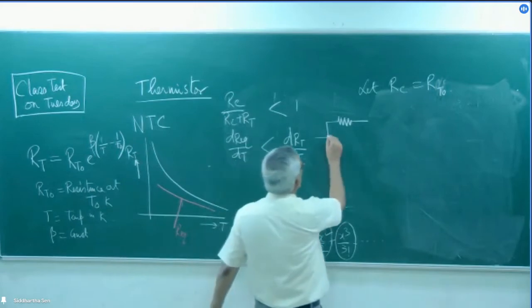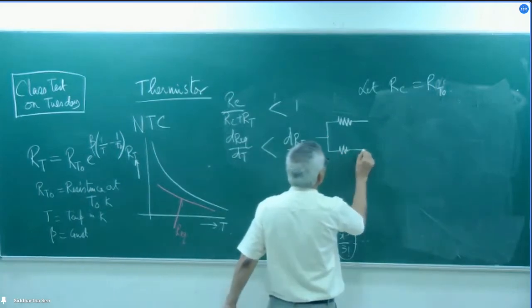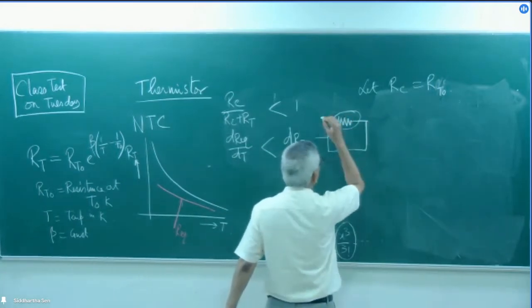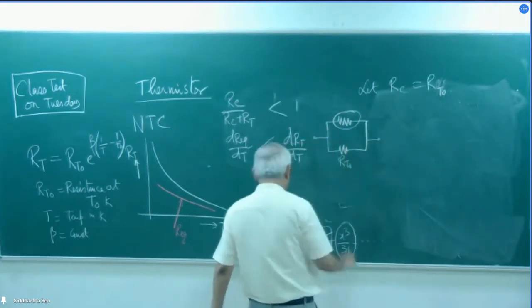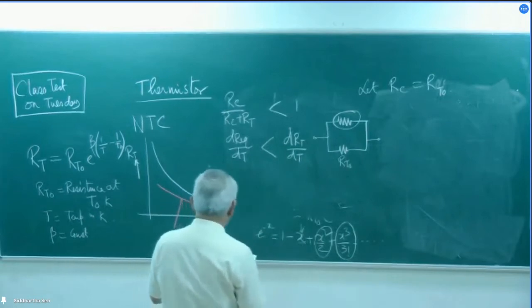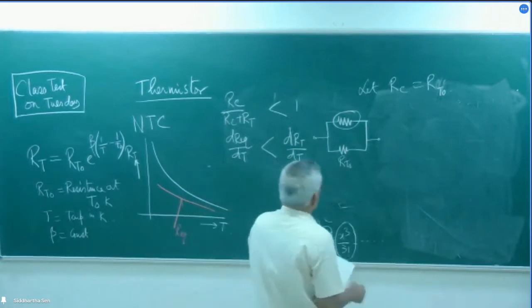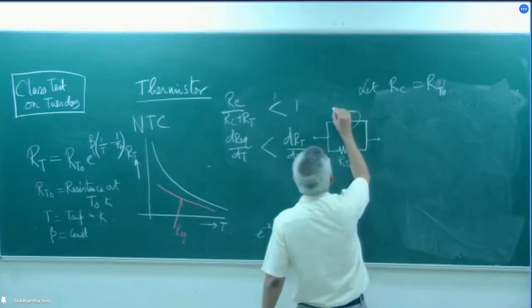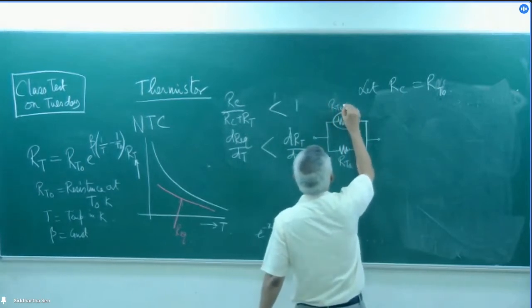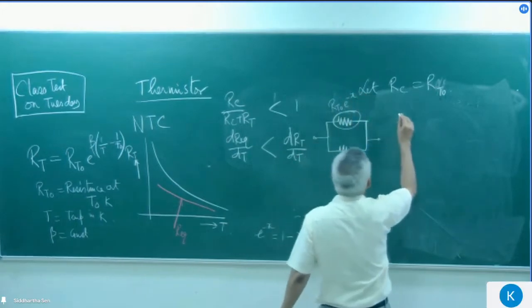So there are two parallel resistances. One is the thermistor resistance and one is RT0. And we can say this one is RT0 e to the power minus x.